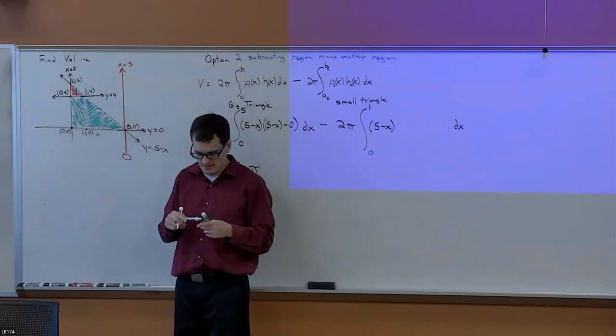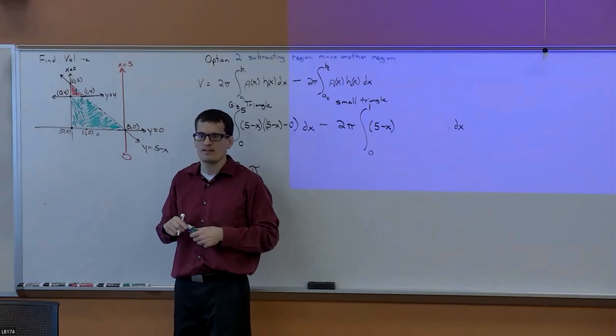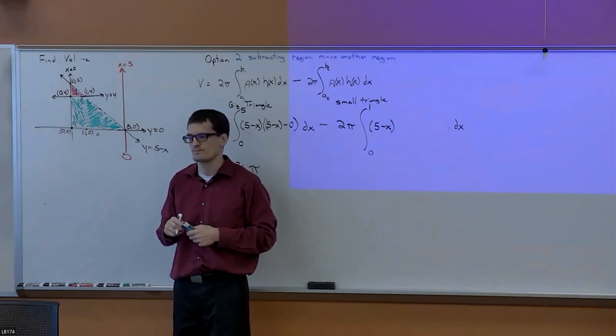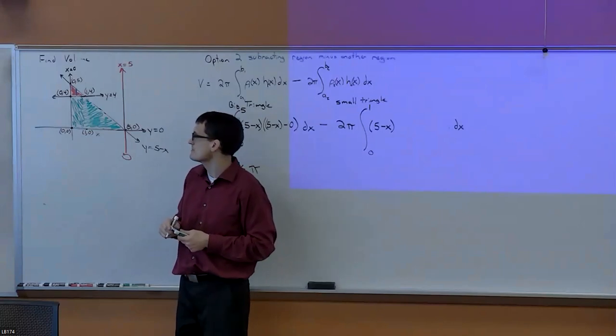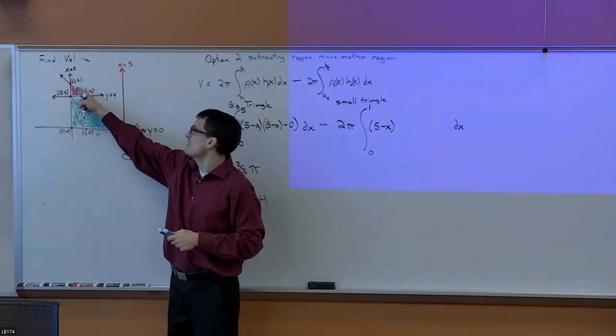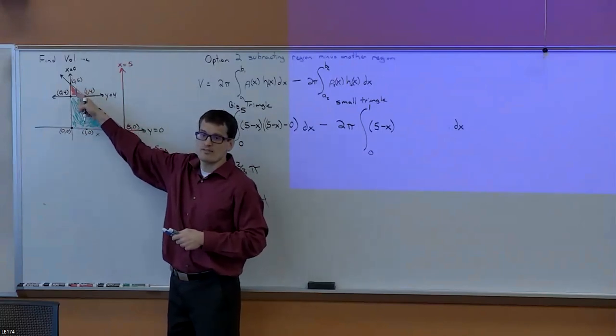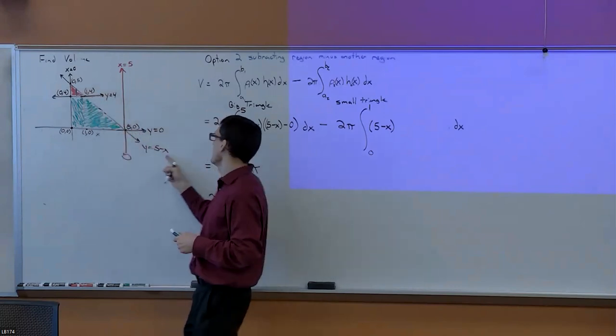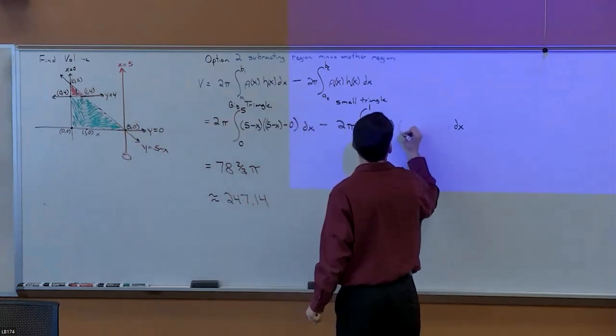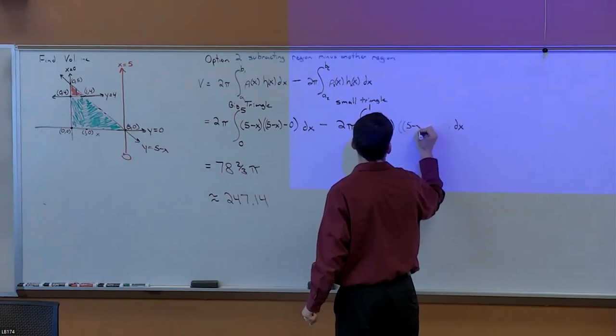So as long as I want a positive radius, I want to make that a 5 minus x. Top of this Riemann sum rectangle is 5 minus x.